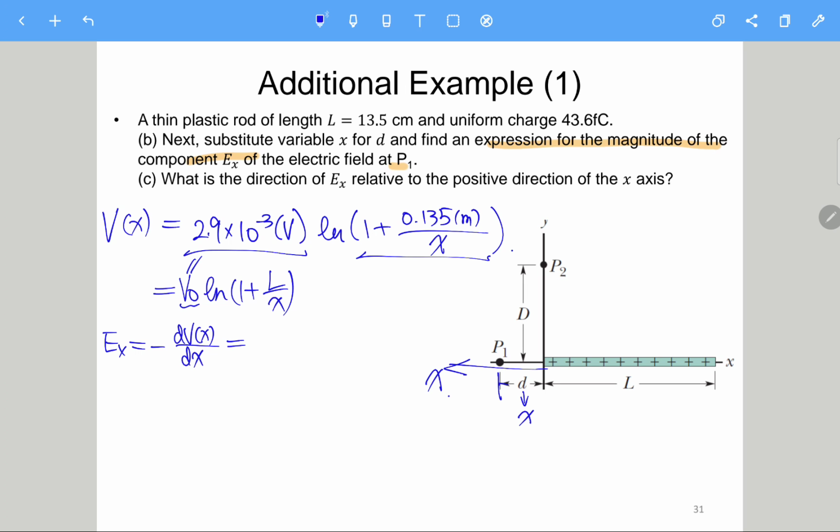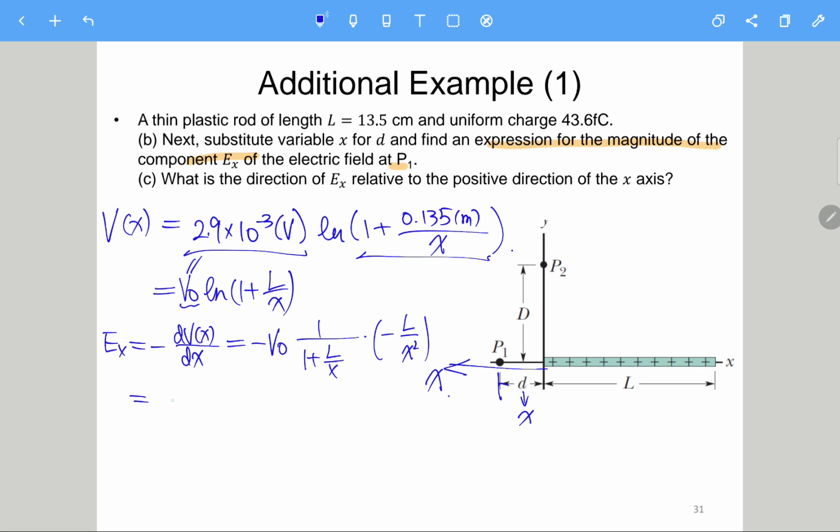So it will be minus V0 and then log, take the derivative, will be 1 over 1 plus L over x, and then chain rule, we need to take the derivative of the argument. So the derivative of 1 is 0, and then we have minus L over x squared for L over x.